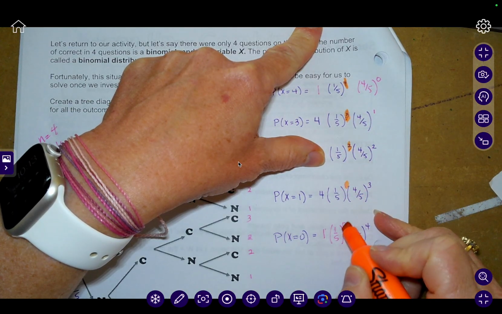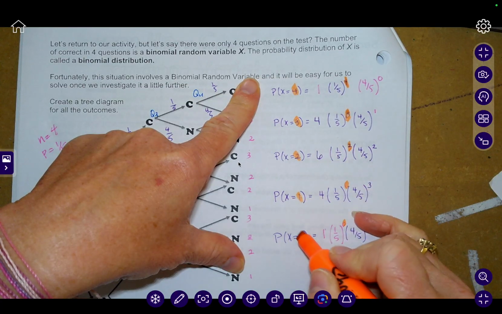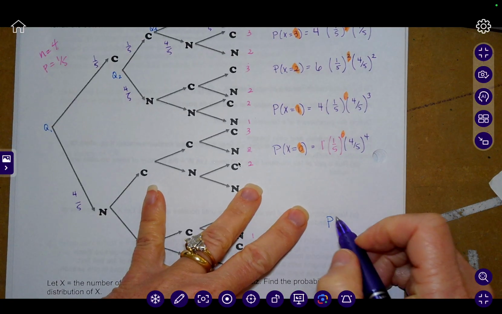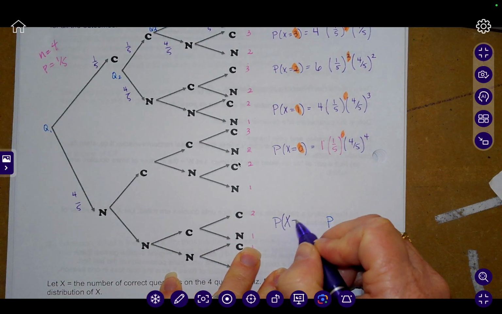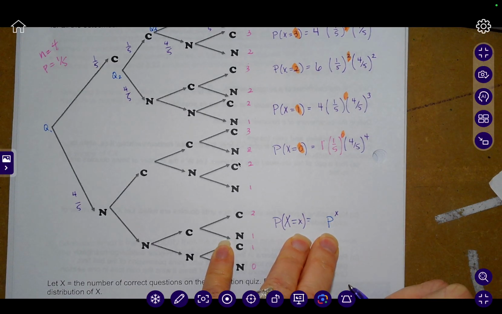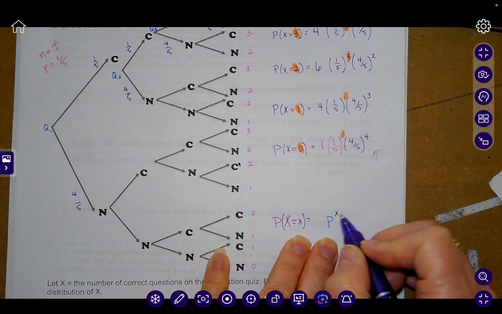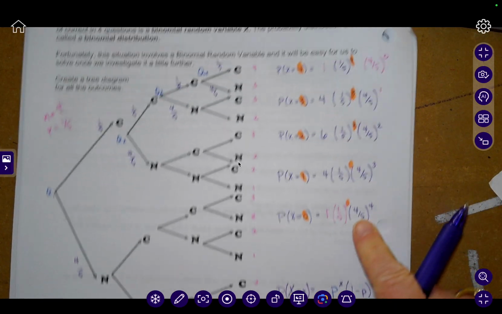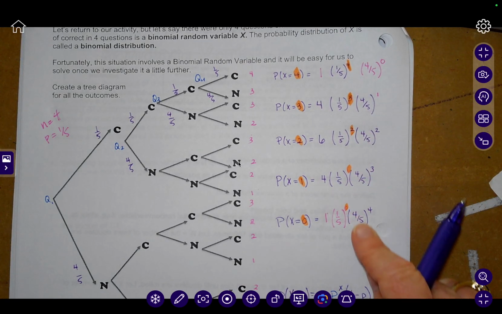You should have noticed that those powers that I've written there are all the same numbers. Basically, you're taking that probability of success and raising it to whatever that x number is. This is 1 minus the probability of success, the probability of failure.